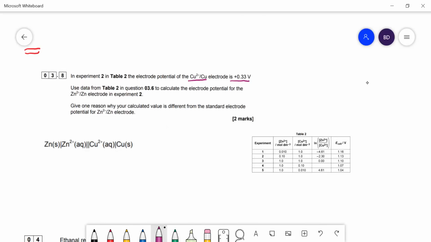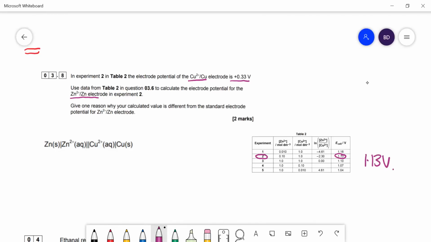Use the data from table 2 to calculate the electrode potential for the zinc electrode in experiment 2. So we're looking at experiment 2. The E cell in experiment 2 is 1.13 volts.